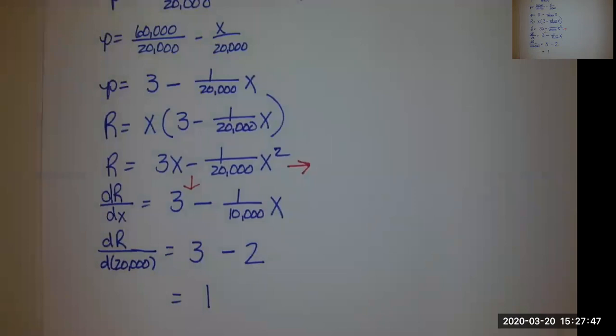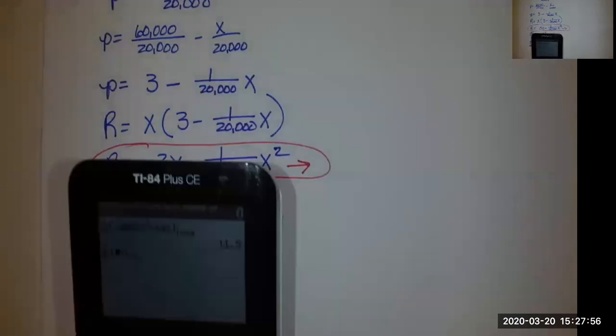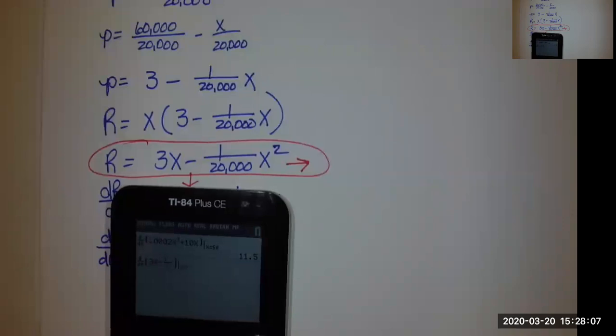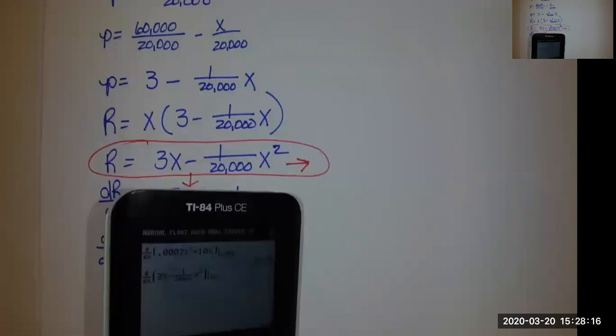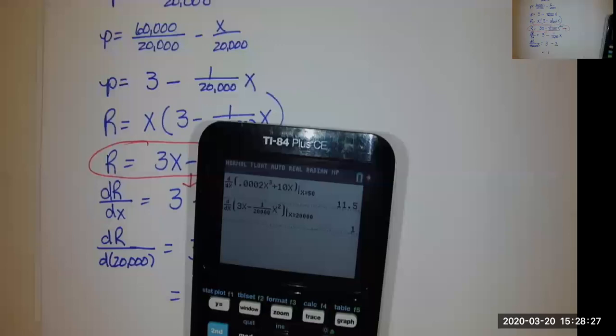It's going to be dx, and you put this equation in: 3x minus the fraction times x squared. You can convert that to a decimal if you'd rather. Then out here, we say that we want 20,000 burgers. And you'll see we get the same answer of 1.